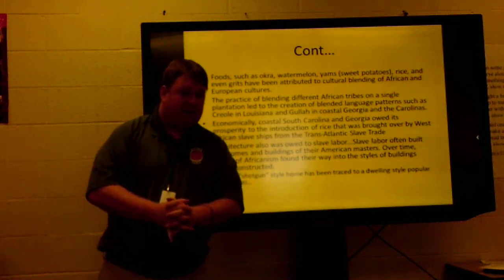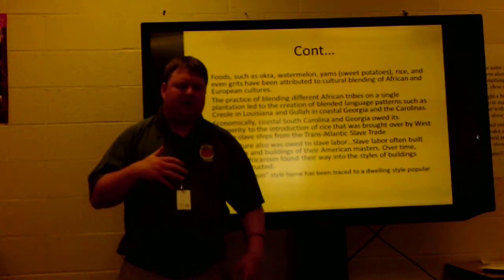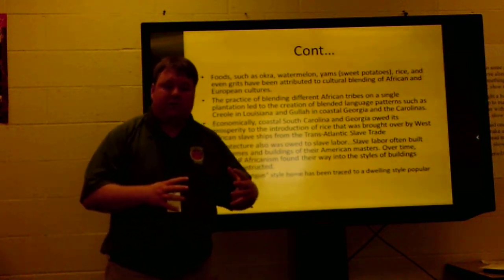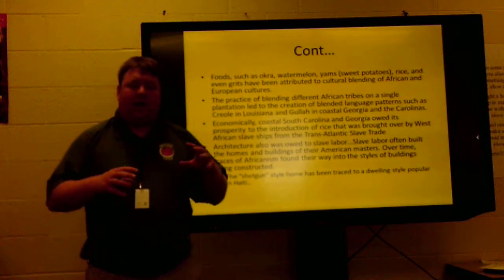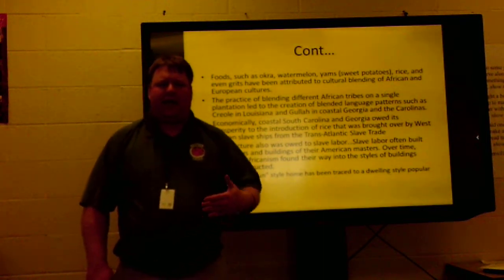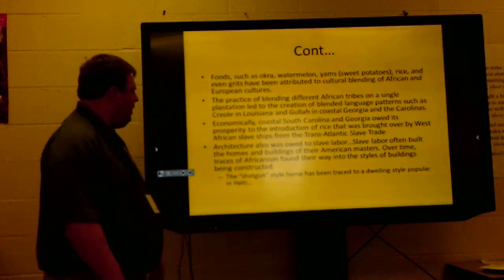And that's based on something real. On the Sea Island coast of Georgia and South Carolina, there are populations of people who are descendants of slaves who kept a lot of those traditions in place. And that's what that show was about.